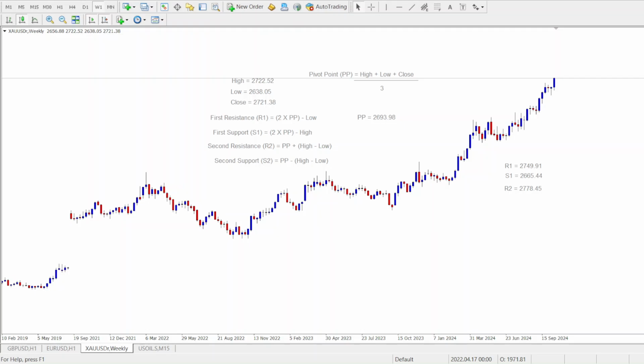It is 2693.98 minus the high being 2722.52 minus the low being 2638.05.